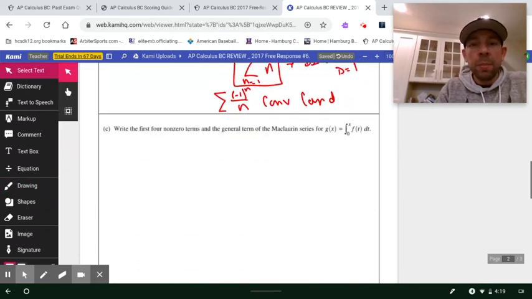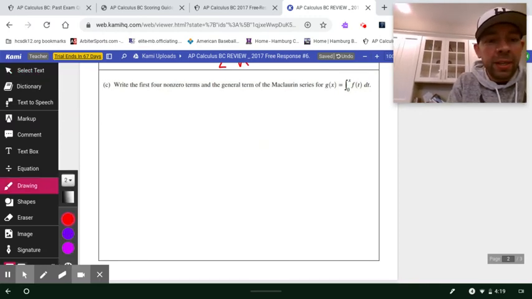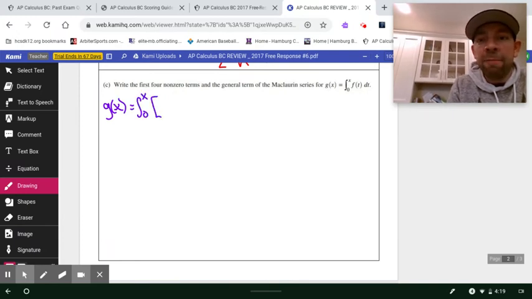All right, part C. g of x is the integral from 0 to x. Now rewrite f of t, basically your answer from part A, in terms of t. So it's going to be t minus 1/2 t squared.